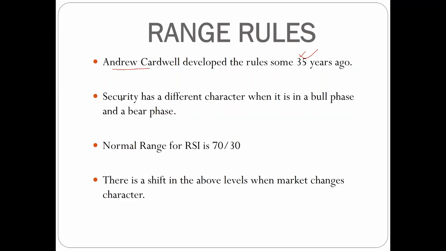What he observed is that a security has a different character when it is in the bull phase and when it is in the bear phase. That means when a stock is in a bull phase, RSI has a different character, and when the security is in a bear phase, the RSI behaves in a different way.